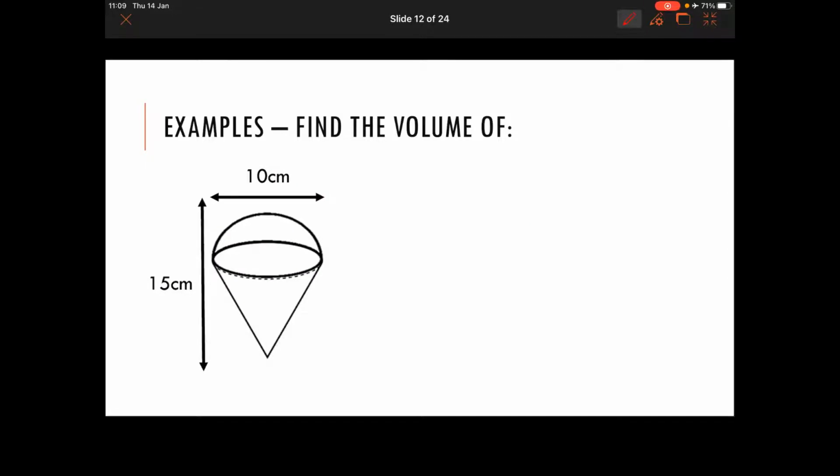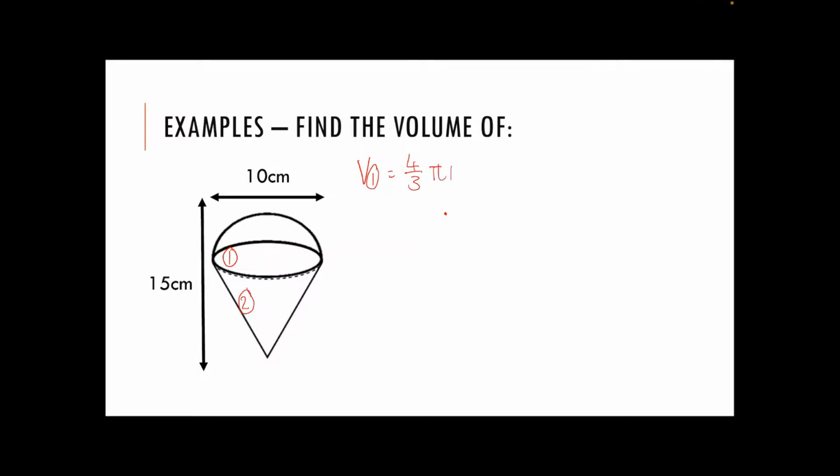For example 2, we can see here that we've got a kind of ice cream looking shape. Shape number 1 is our hemisphere and shape number 2 is our cone. We know that our volume of a sphere is 4/3 pi r cubed. Now our issue here is that if it is a hemisphere, we're going to have to divide that full thing by 2 at the end.